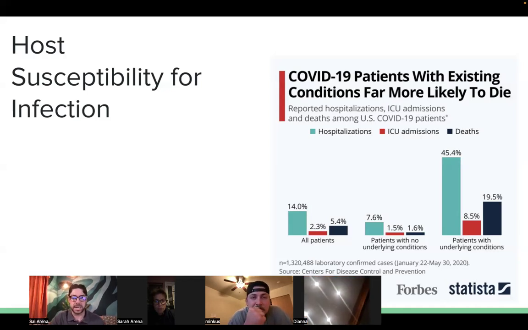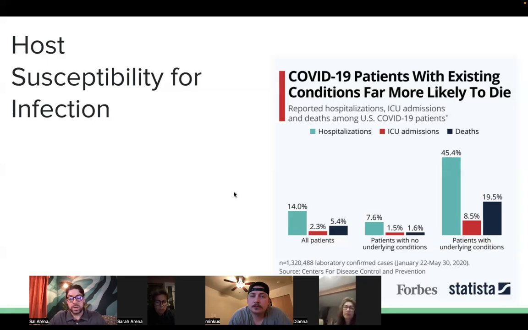This is another data point: people who are healthy before they're introduced to a pathogen have a much easier time dealing with that pathogen and fending off those symptoms and that sickness than someone who has underlying conditions and chronic illnesses, which we do not take into account in the germ theory. The terrain model does.